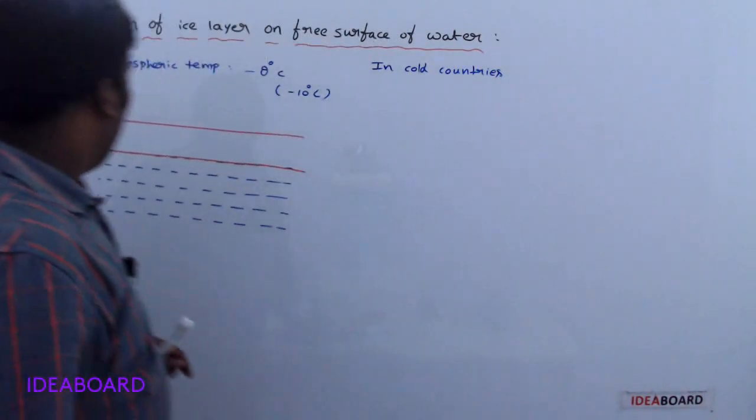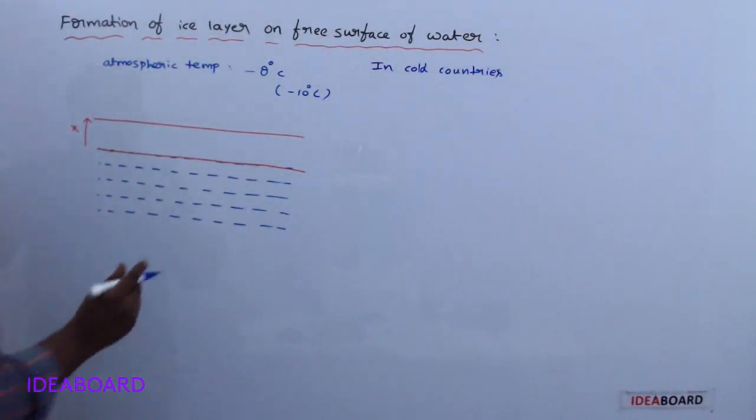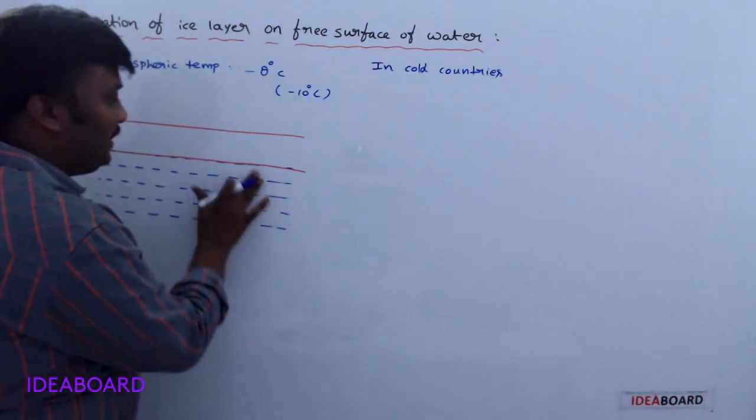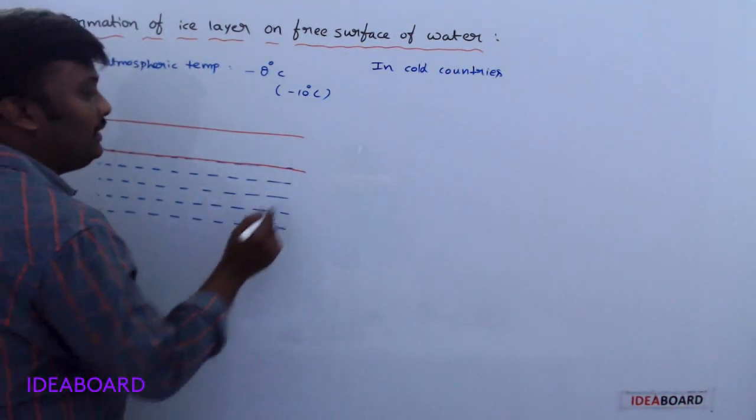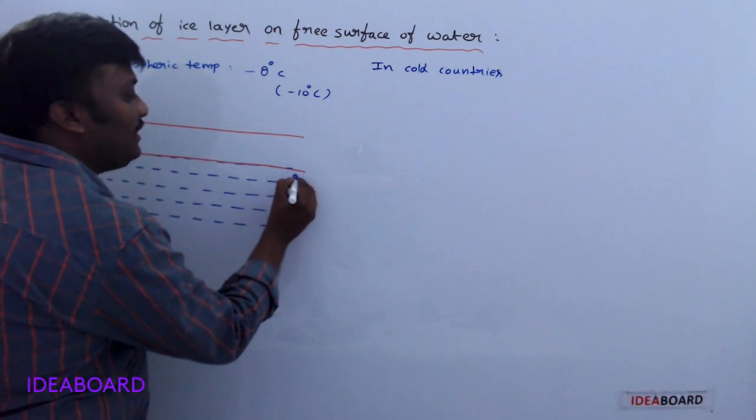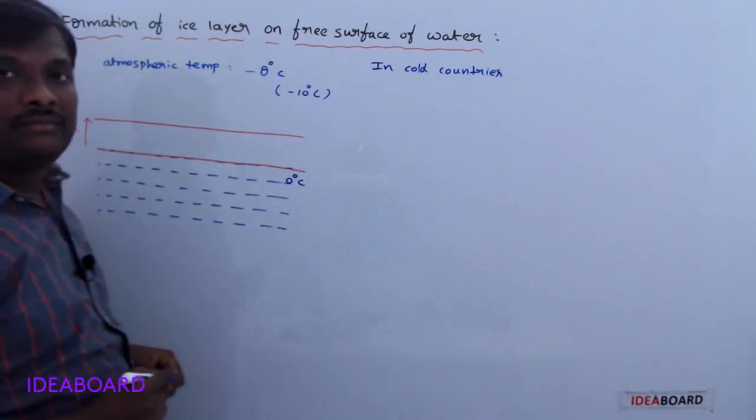Clear now? Now we know, due to the anomalous behavior of water, below the ice layer the temperature is always 0 degrees Celsius.